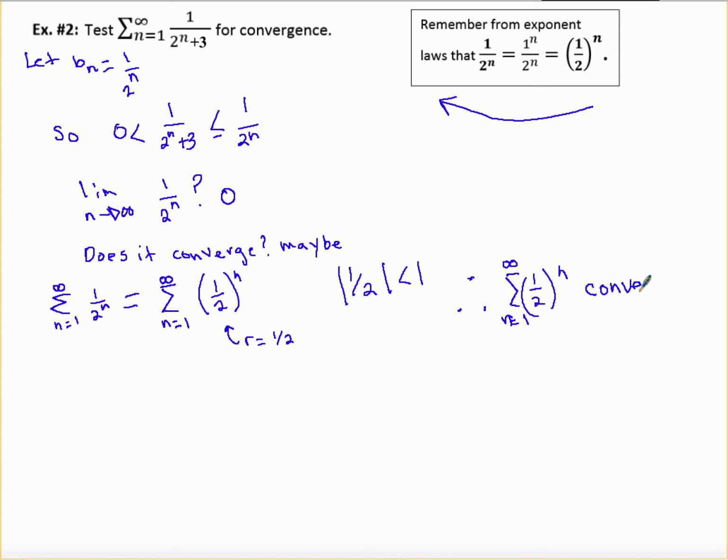Now from the comparison test, if our larger series converges, then the smaller one converges as well. So by the comparison test, our original series converges.